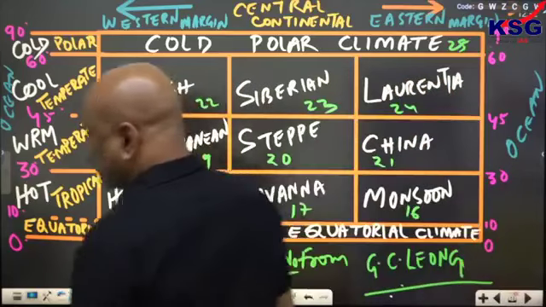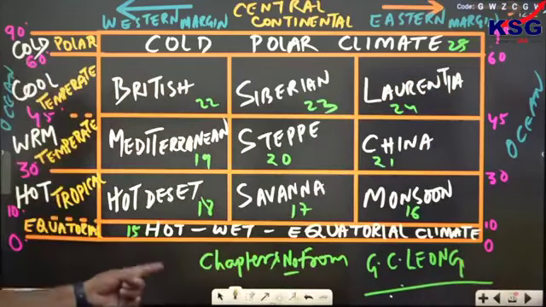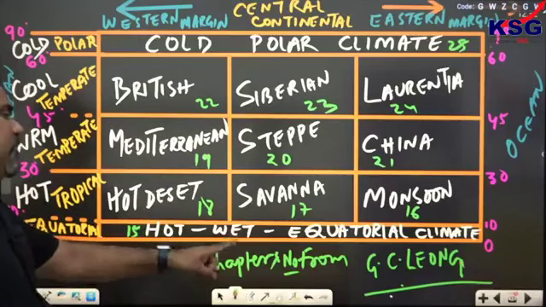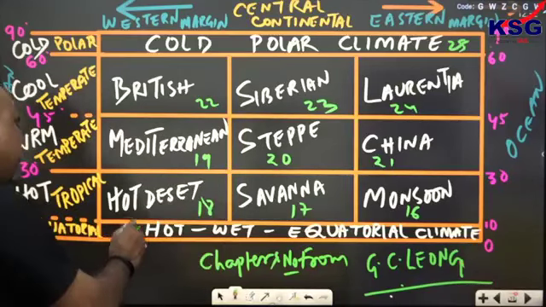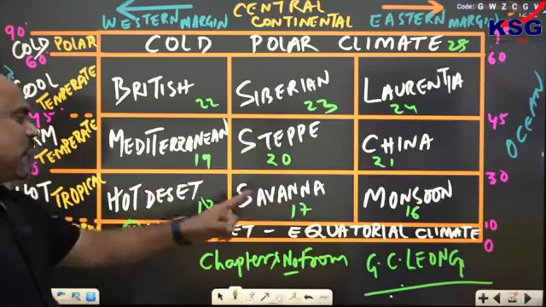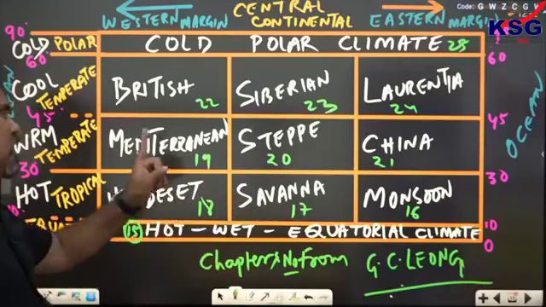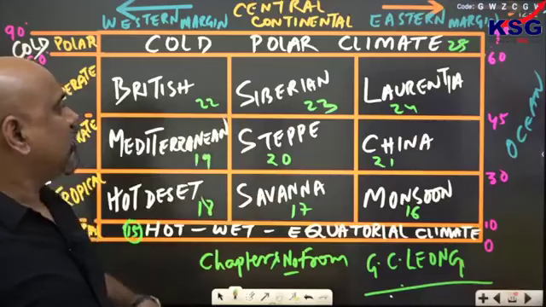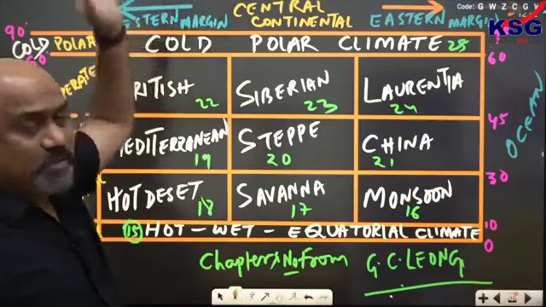This book, Goh Cheng Leong, Certificate Physical and Human Geography. In that book, chapter 15 is hot wet equatorial, 16 monsoon, 17 savanna, 18 hot desert, 19 Mediterranean, and so on, chapters 15 to 25.